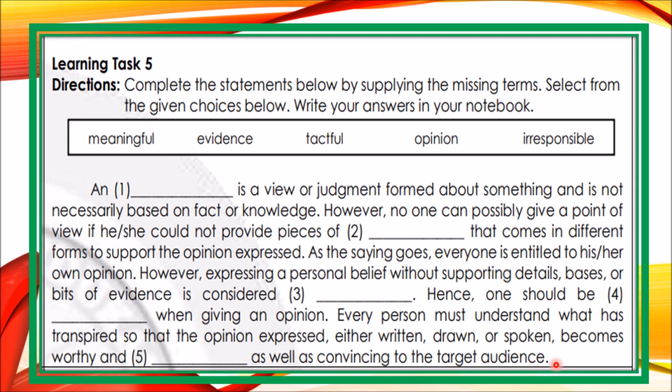Okay? So try to answer by choosing the correct or supplying the missing terms there. So, for example, number 1: an opinion is a view or judgment formed about something, and it is not necessarily based on fact or knowledge. However, no one can possibly give a point of view if he or she could not provide pieces of evidence that come in different forms to support the opinion expressed. As the saying goes, everyone is entitled to his or her own opinion.